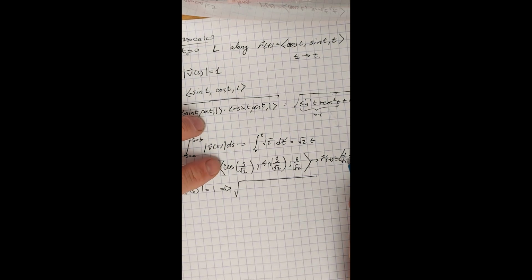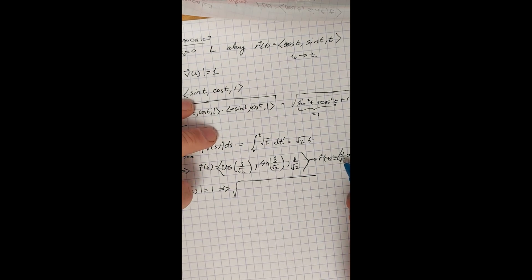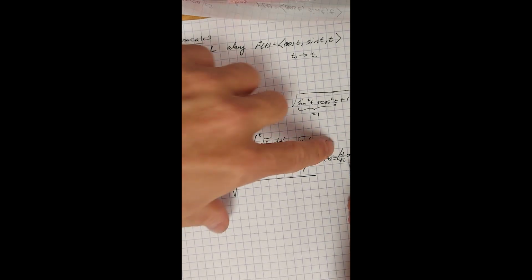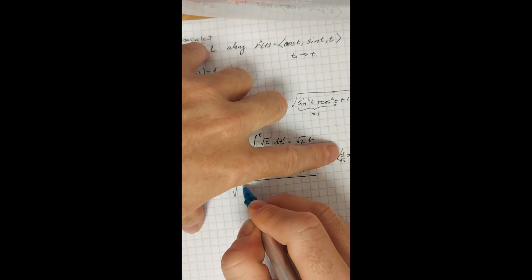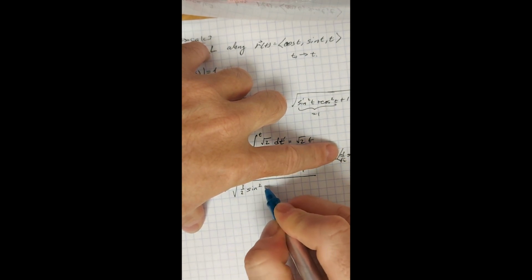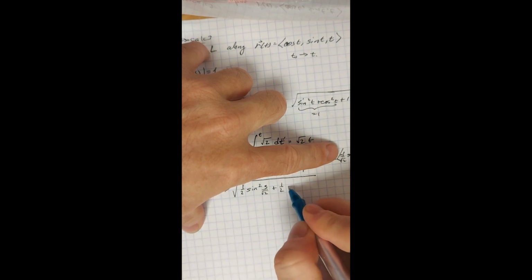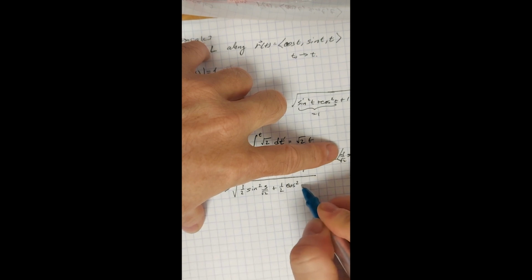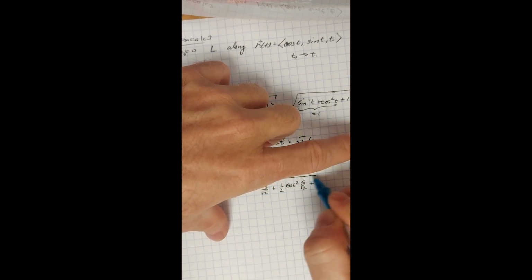So this is r prime, and we take the absolute value of v with respect to s with the parameterization. Now that we have v with respect to s, we can take this dotted with itself. That gives me 1/2 sine squared of s over the square root of 2, plus 1/2 cosine squared of s over the square root of 2, plus 1 over the square root of 2 times 1 over the square root of 2, which is 1/2.